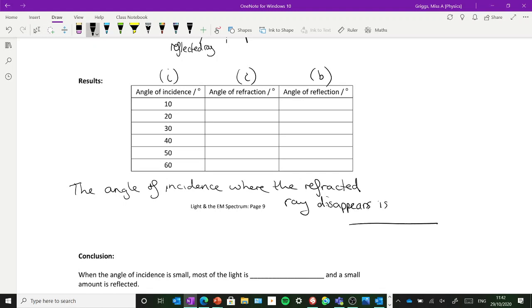So what I want you to do is find the exact angle where that refracted ray disappears and write that down underneath, after you've filled in the table. You will probably find that you won't have an angle of refraction at 50 and 60 degrees, and that's fine. You will have an angle of reflection.